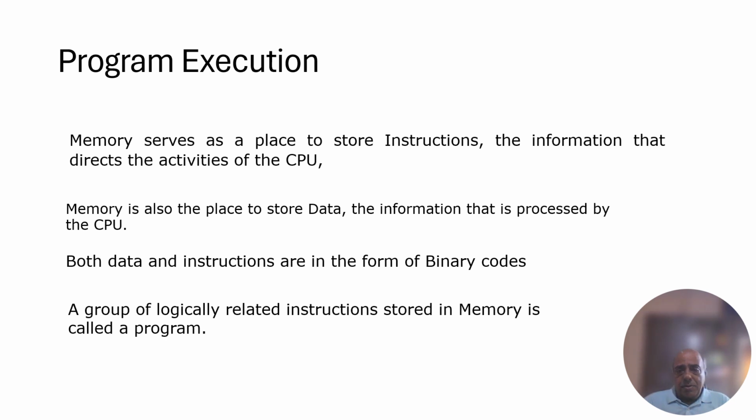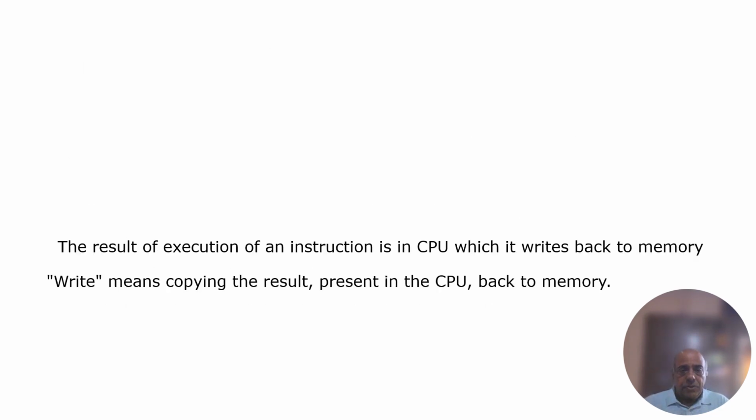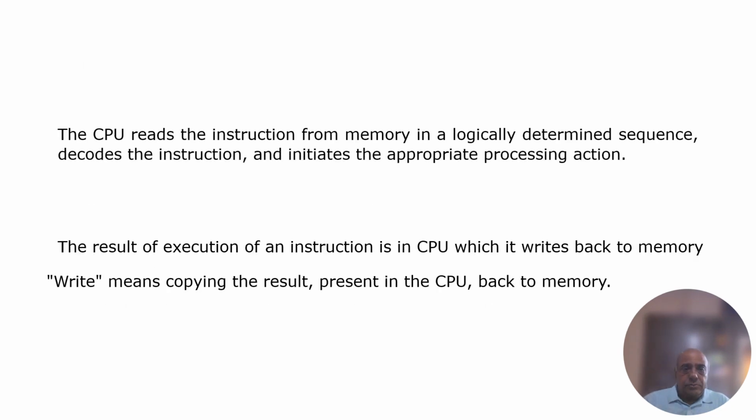A group of logically related instructions stored in the memory is called a program. It's important that all the instructions should be logically related to each other. Then only we will get our desired results. A CPU reads the instruction from memory in a logically determined sequence.